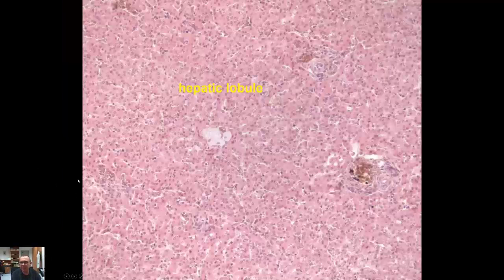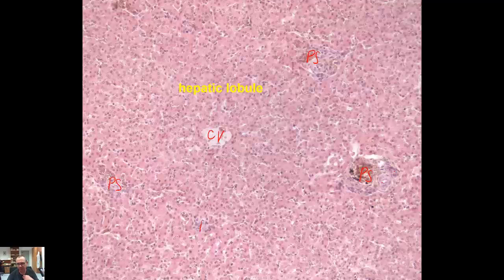Here is higher magnification of a liver parenchyma, and let's try to recognize borders of one hepatic lobule here. Surely here is a central vein. Surely this is a portal space with triad: vein, artery, bile duct. Another portal space is here. Another portal space here.